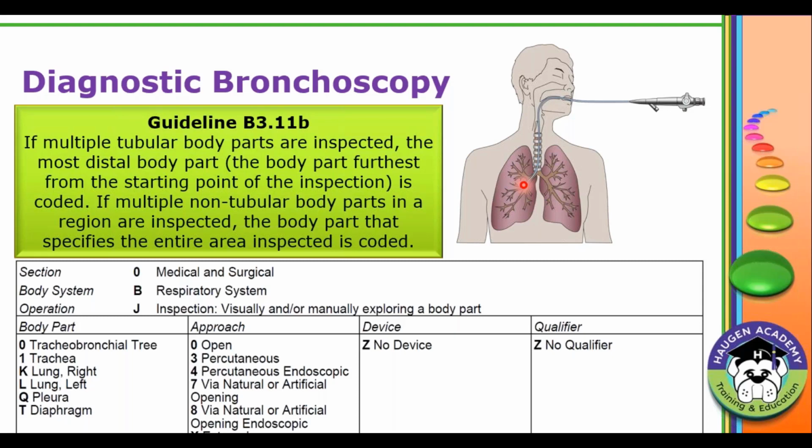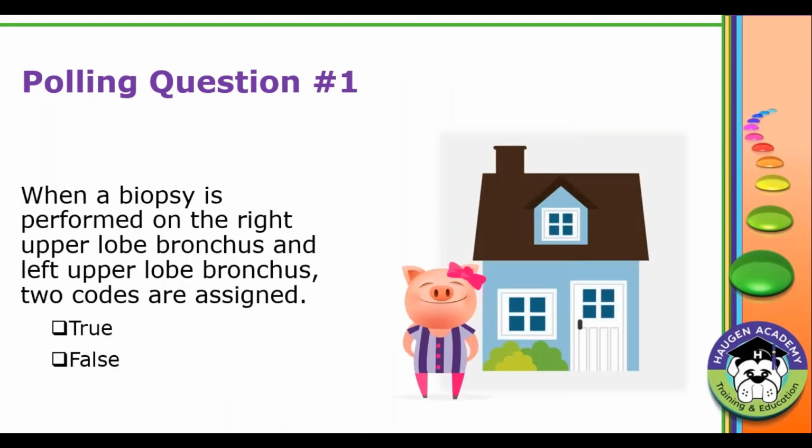But in that situation, applying this guideline, which is an exception to the multiple procedure guideline on the previous slide, we would only code this as inspection of what would be basically the bronchi, except that we do have that big body part for tracheobronchial tree. So it's really looking at all the guidelines together and applying multiple guidelines, including the multiple procedure guideline, to a single procedure. And this is going to bring us to the first polling question.